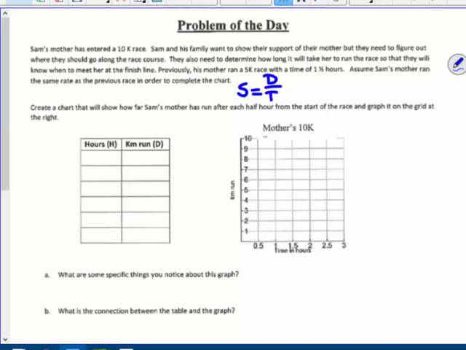Distance divided by time. 5 kilometers in 1.5 hours. So 5 divided by 1.5, that's 5 times 2/3, which is 10/3, or 3 1/3 kilometers per hour.